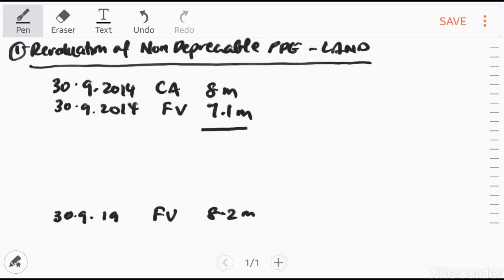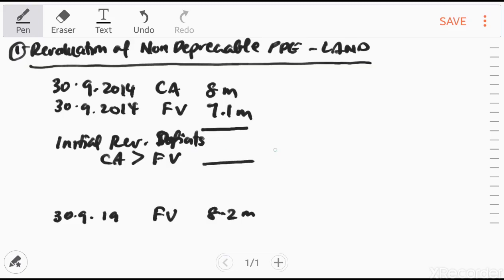So you will compare this, and this will give you some initial revaluation deficit. Why deficit? Because the carrying amount is greater than fair value, and that deficit is 0.9 million. You don't have to take your calculator, you can just simply use your head.